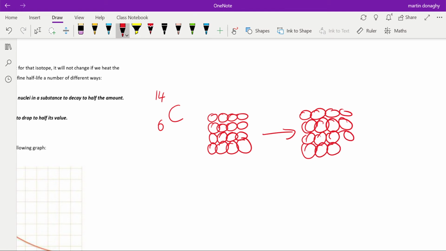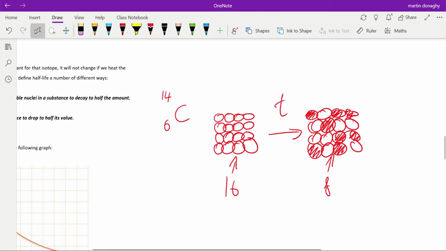Now that doesn't mean that the other half go missing. The other half, in fact, would change into nitrogen. We don't know which ones are going to do it, but it'll be the time taken until there's just 8 remaining. So we would have 16 at the start, and it's the time taken for that to get down to 8. Okay.